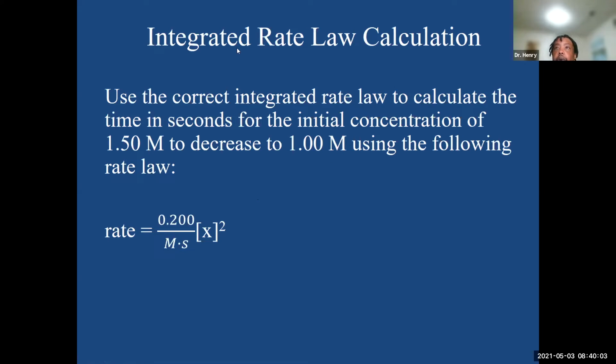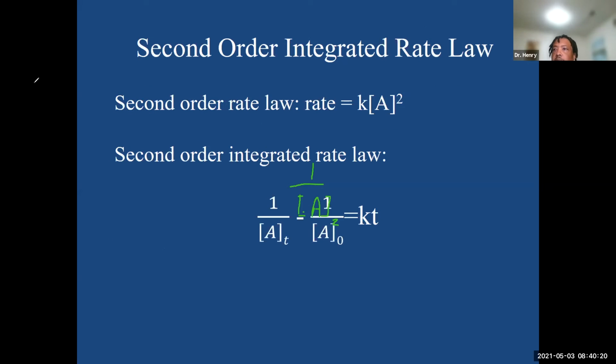So the rate law was 1 over concentration of A T minus 1 over the concentration of A naught. It's going to equal KT.